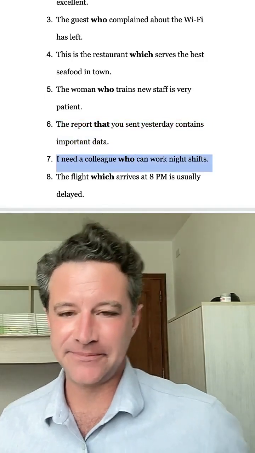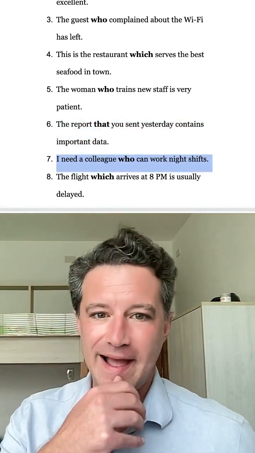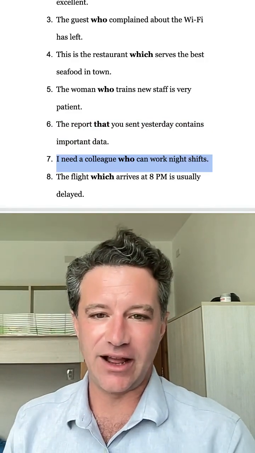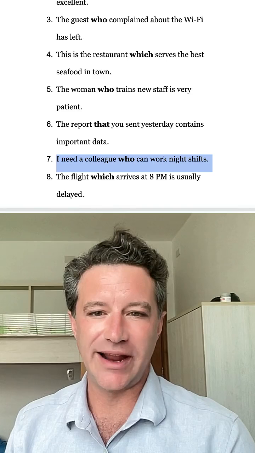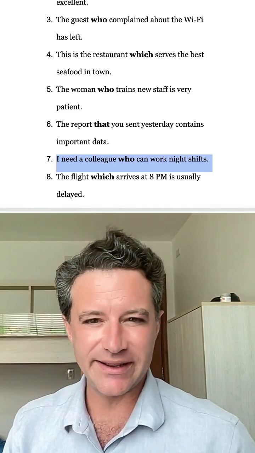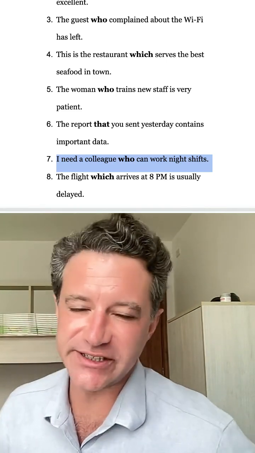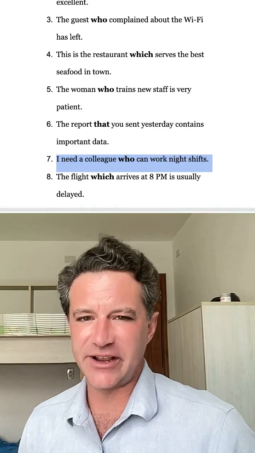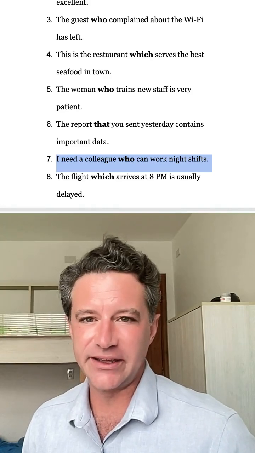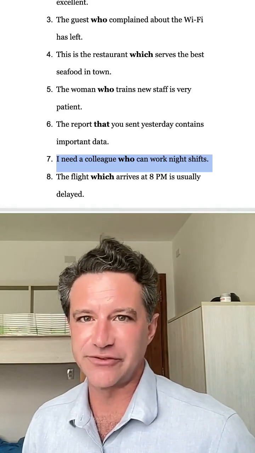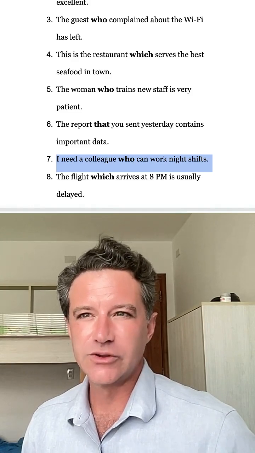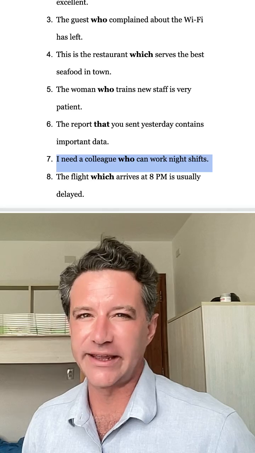Number 7, I need a colleague who can work night shifts. Who do I need? I need a colleague who can work night shifts. I don't need just any colleague. Specifically, I need a colleague who can work night shifts. So, what is a colleague?